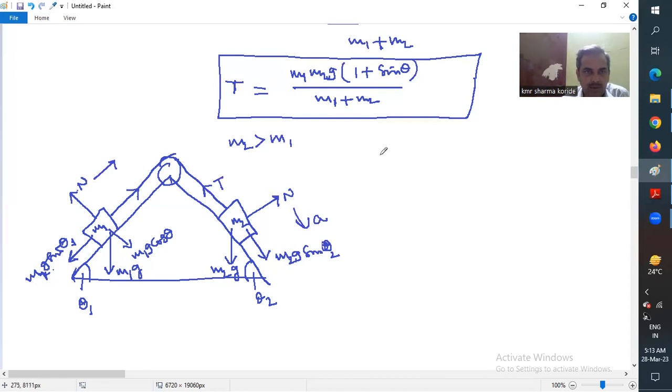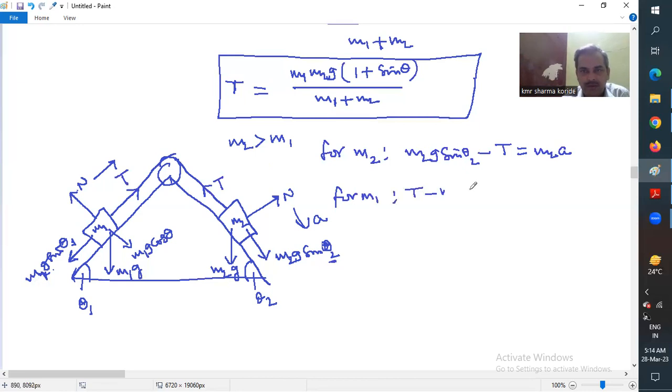So for m2, let us begin with m2g sin theta 2. This sin theta 2 term favors, but tension opposes, is equal to m2a. Similarly for m1, tension favors m1, so T minus m1g sin theta 1 is equal to m1a.